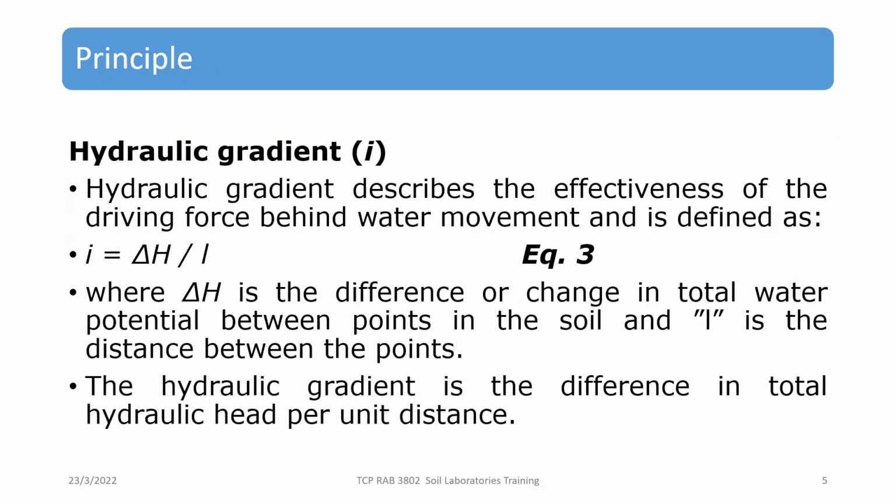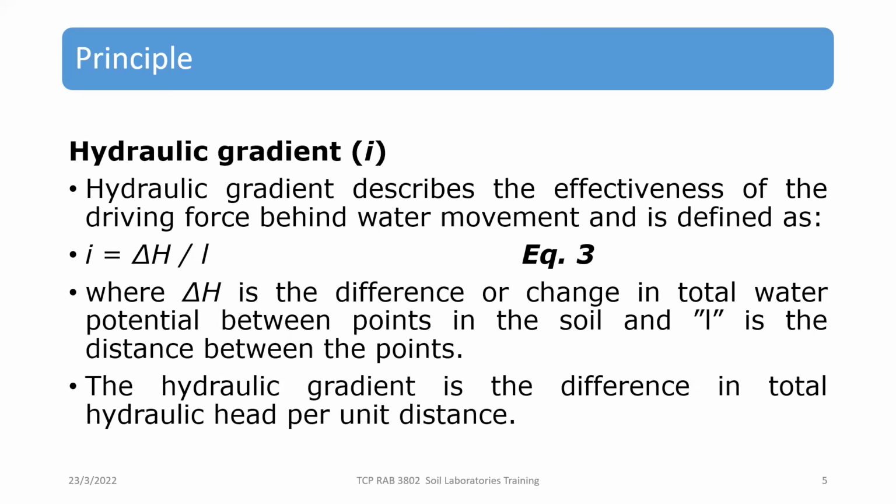The hydraulic gradient describes the effectiveness of the driving forces behind water movement and is defined as i equals change in H over L, where change in H is the difference in the total water potential between two points in the soil, and L is the distance between the two points.